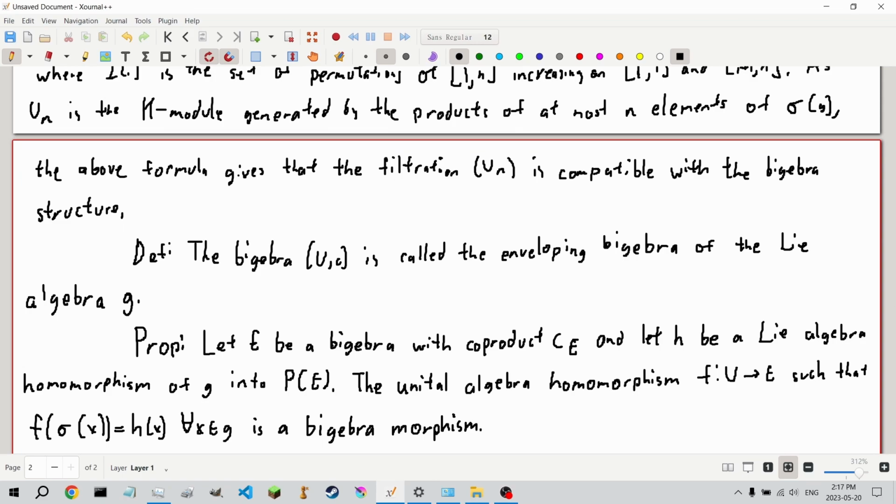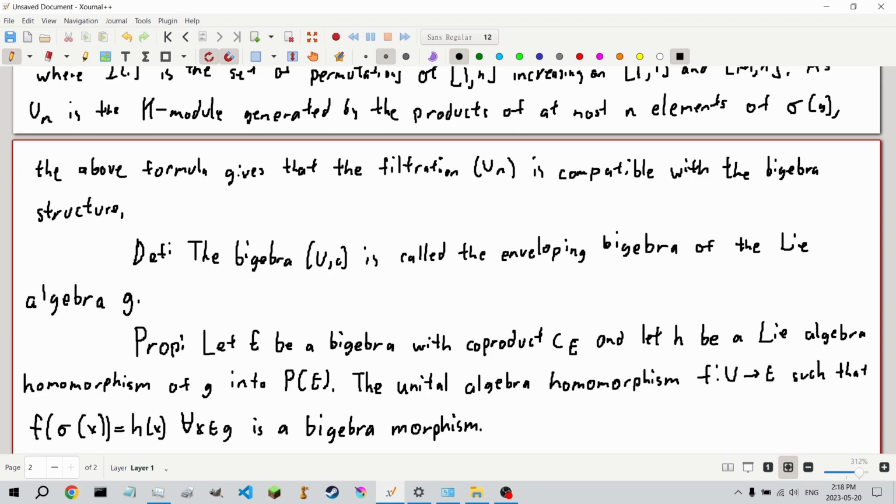So essentially, for H being a morphism of a Lie algebra G into the Lie algebra of the primitive elements of E, we can expand it to an algebra homomorphism of the universal algebra of the Lie algebra G into the bigebra E, preserving that being equal to H when restricted to that copy of G, essentially is what I'm seeing here.